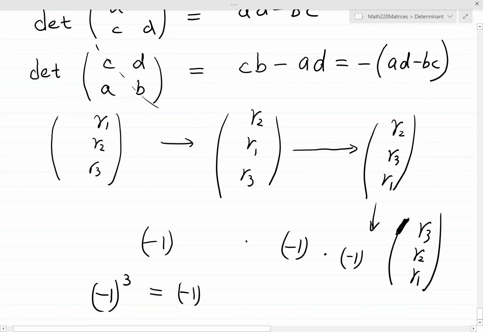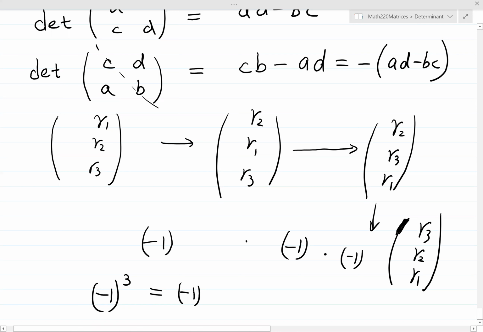So even for two rows that are not adjacent, if you switch them, you can achieve this by changing adjacent rows. The thing is, the number of exchanges is always an odd number. You can check this.